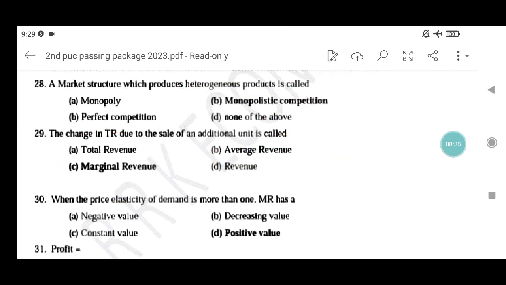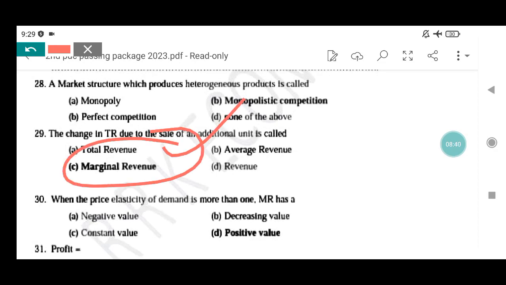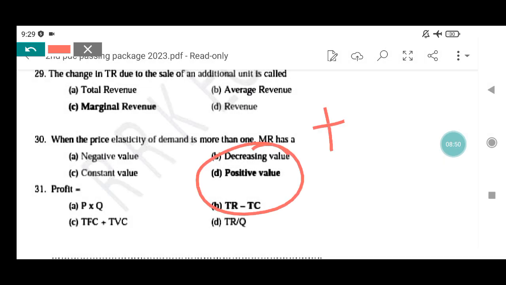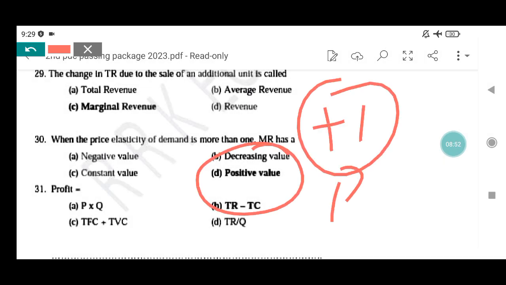For selling an additional unit, what kind of revenue do we get? Marginal revenue. Next, when the price elasticity of demand is more than 1, marginal revenue is a positive value. This is a very important question and repeated many times.